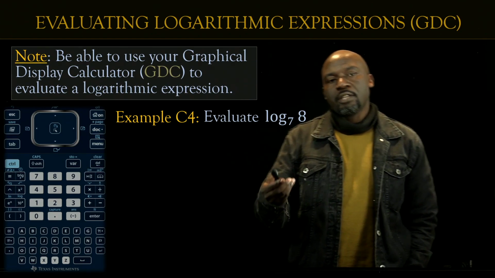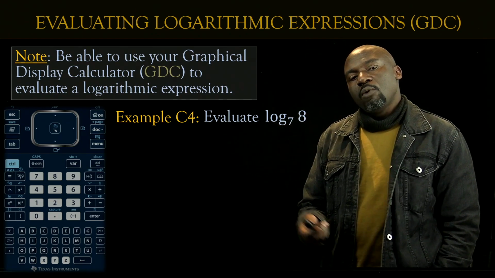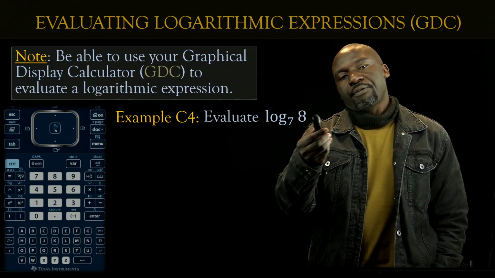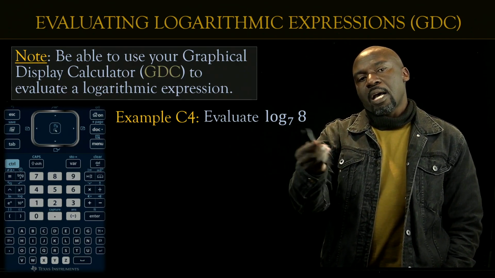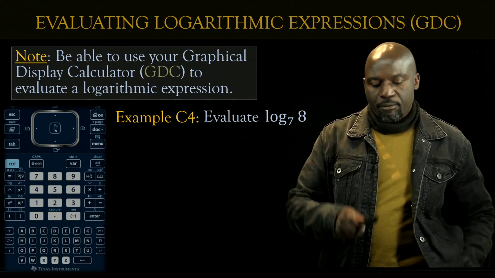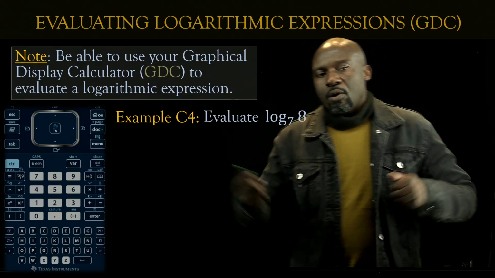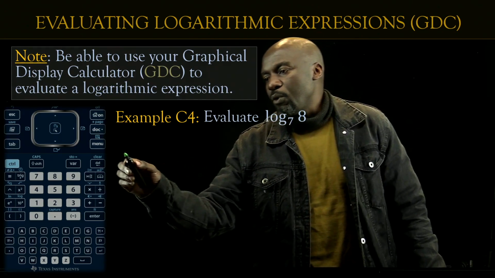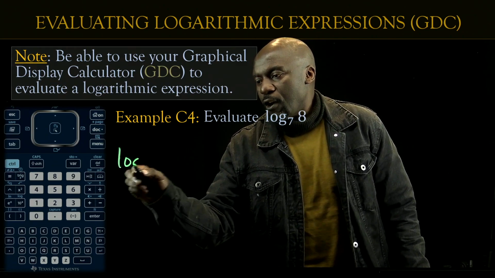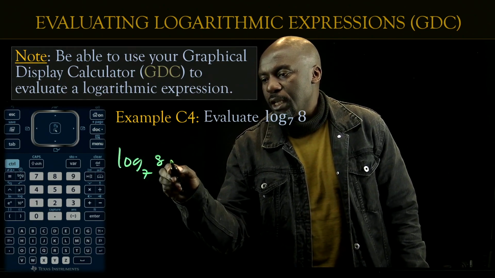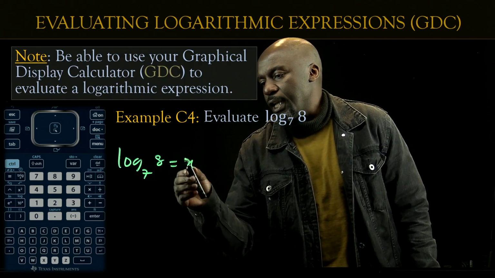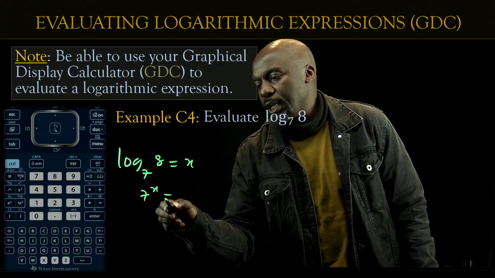Now if we tried this using the algebraic method, we would say let log to base 7 of 8 be x, and then say 7 to the power of x equals 8.